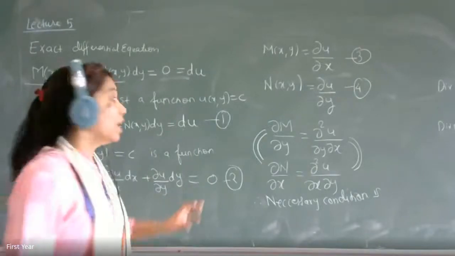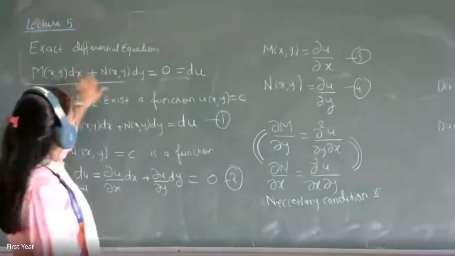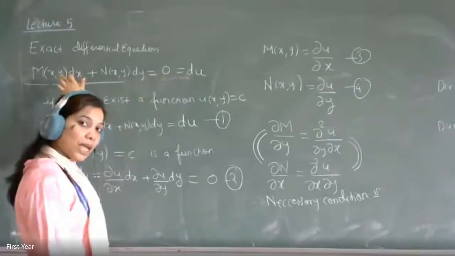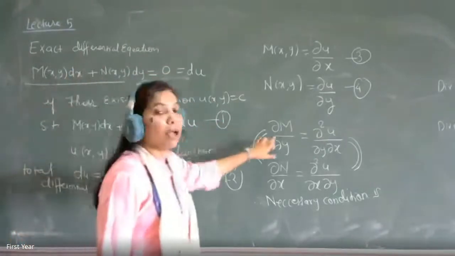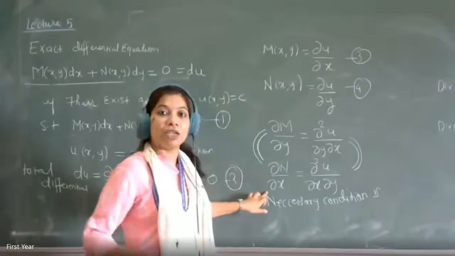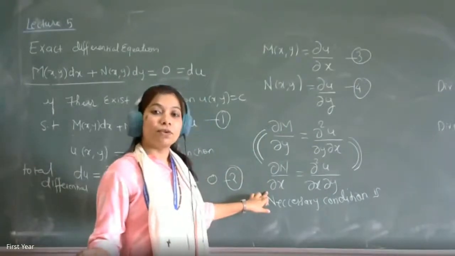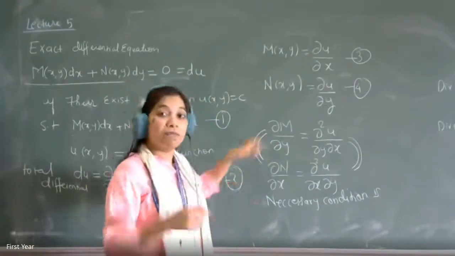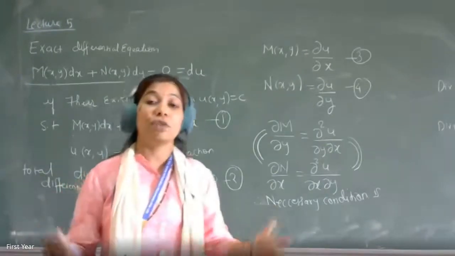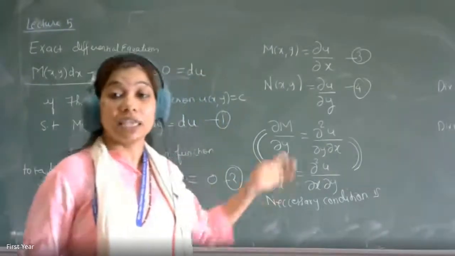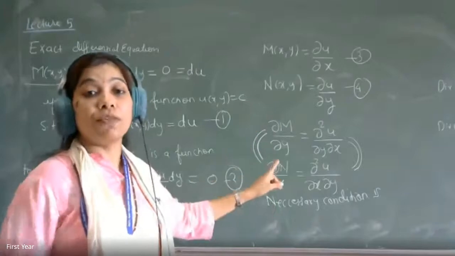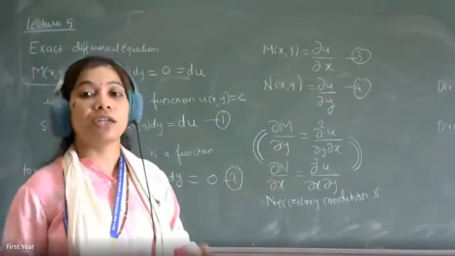But you know the equation M dx plus N dy is equal to 0. So you know what M is, you know what N is. Finding del M by del y and del N by del x is quite easy. Once you take these two derivatives and if they are equal, the differential equation is definitely exact. This is the necessary condition. And to prove that it is exact, you find that u. That is the solution.